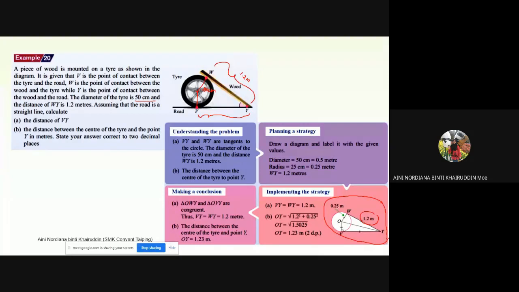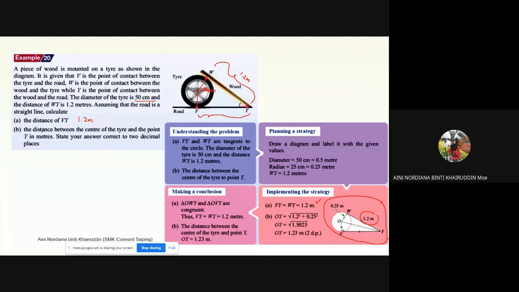Then you nak cari VY kan? VY is actually equals to WY. So answer 1.2. Untuk yang A ni tak ada jalan kerja. Kalau you tahu properties, the value of WY equals to VY, then you terus tulis jawapan.